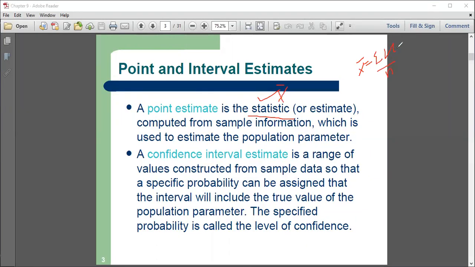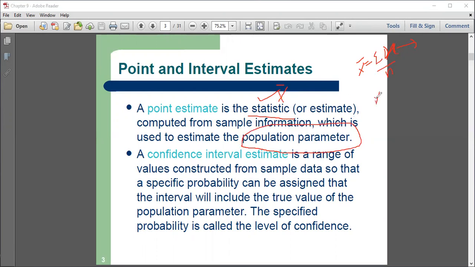This x is basically all the observations, and then we will find this statistic. This statistic is the representative of the population parameter, or we can estimate the population parameter based on this information.